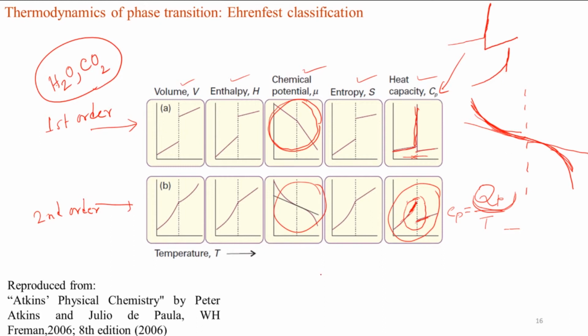For second order phase transition, an example is when a metal goes from a superconducting phase to a conducting phase. What do we mean by superconductor? For a conductor, or a metal at room temperature, if you increase the temperature, the conductivity actually decreases, because there will be a lot of thermal scattering of the electrons.